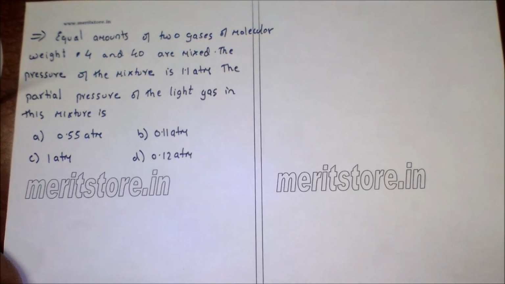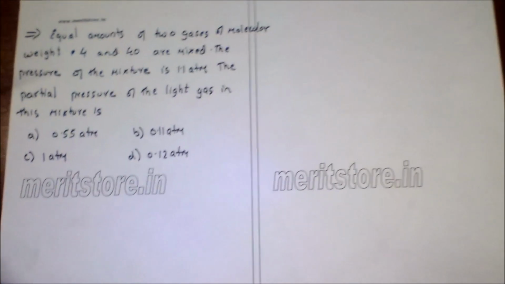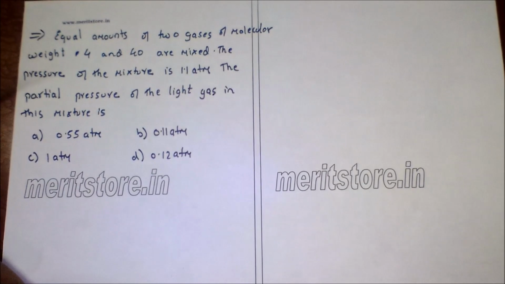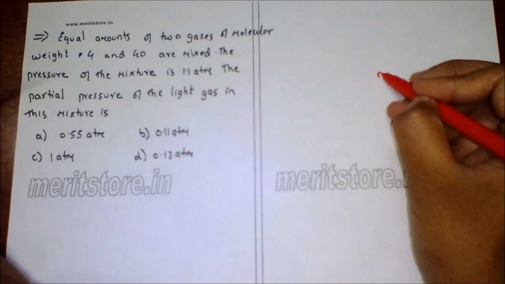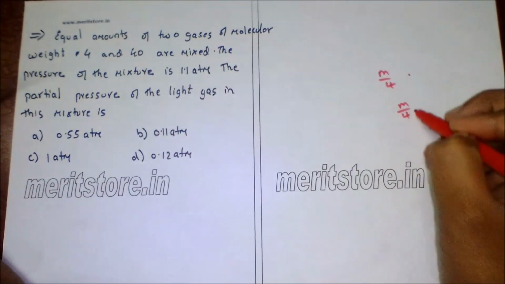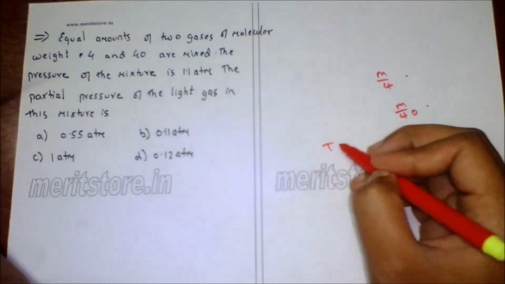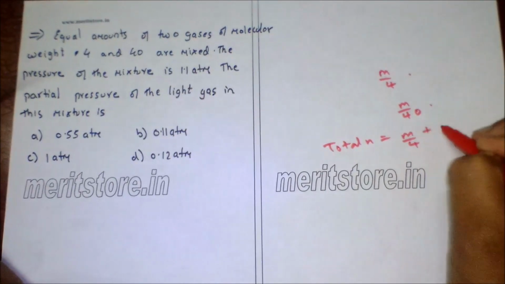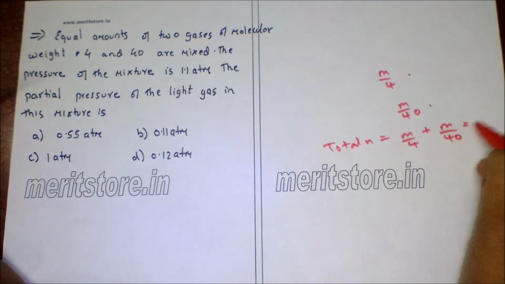Equal amounts of two gases of molecular weight 4 and 40 are mixed. The pressure of the mixture is 1.1 atmosphere. The partial pressure of the light gas in this mixture is? So number of moles of lighter gas is m by 4. The number of moles of heavier gas is m by 40. So total number of moles is equal to m by 4 plus m by 40, which comes out to be 11m by 40.